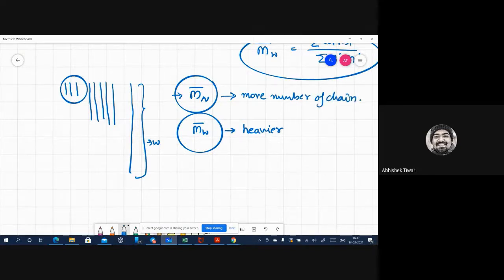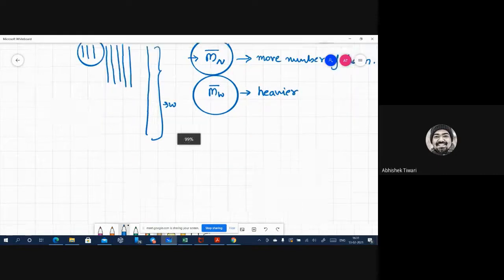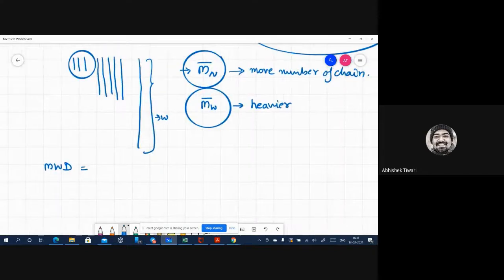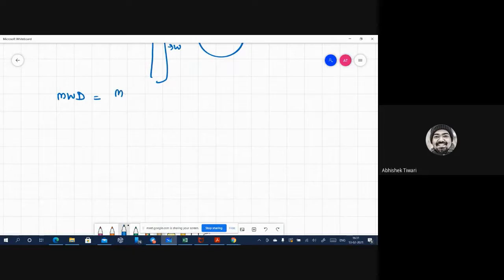So both of these do not uniquely define the polymer property, but a combination of these two is called molecular weight distribution, which is the ratio of the molecular weight number average and weight average molecular weight.